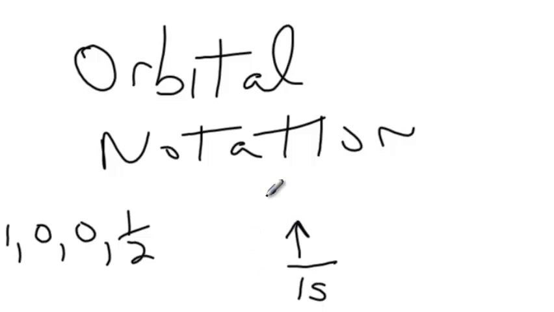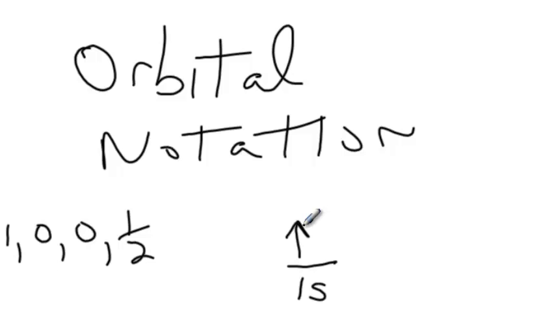We're going to explore how to write these without having written the quantum numbers, because quantum numbers are very cumbersome. This orbital notation is a much, much easier way to figure out where the electrons are.